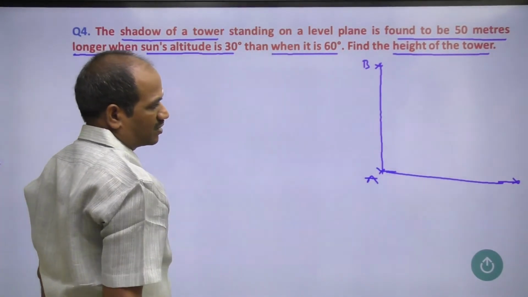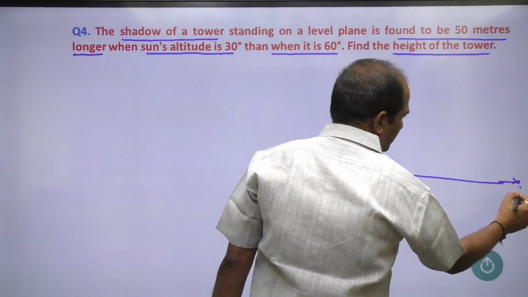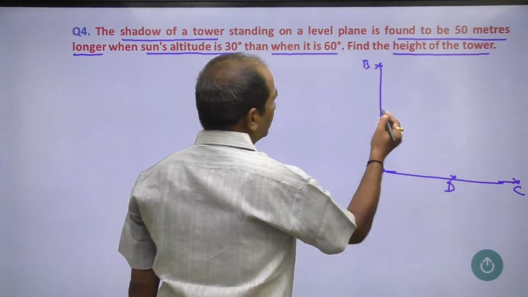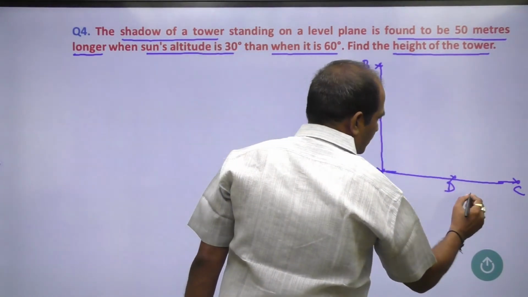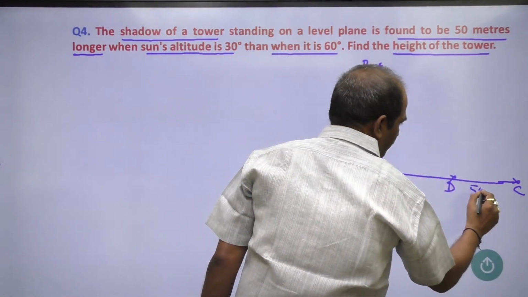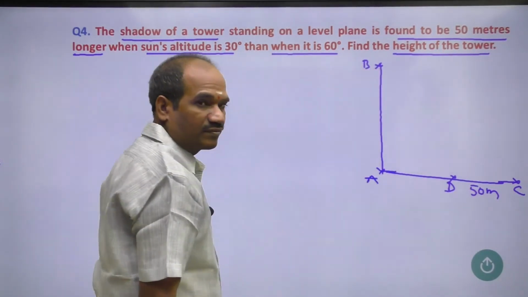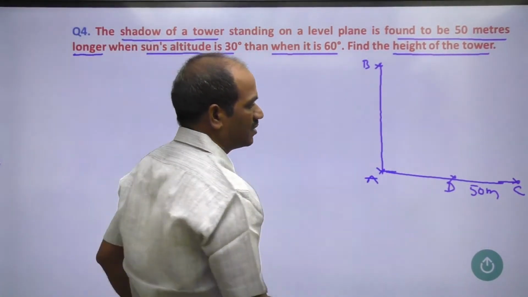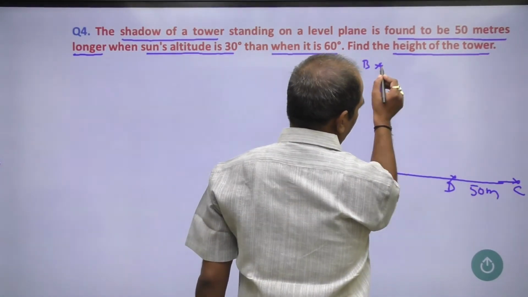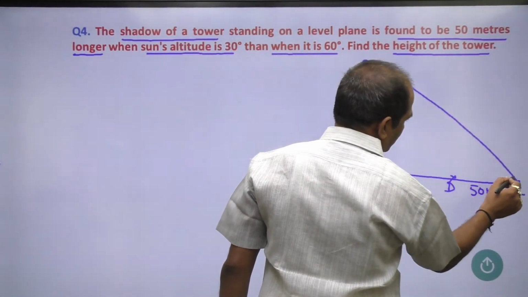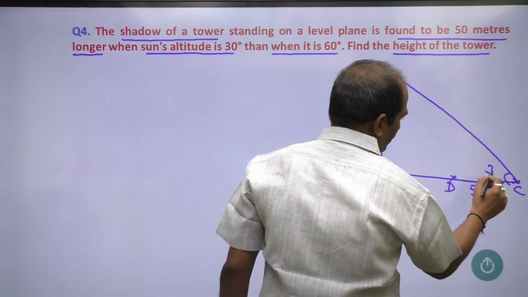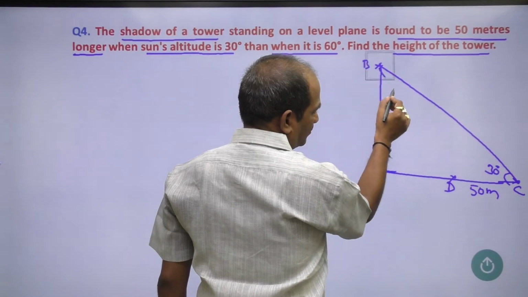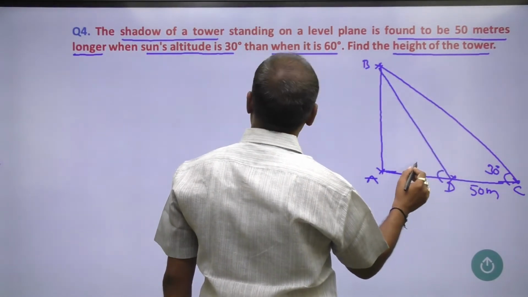Then when it is 60 degrees. First take this point as C, and this point as D. This distance is 50 meters. The angles of elevation are 30 and 60, so this is 30, and this angle of elevation is 60.